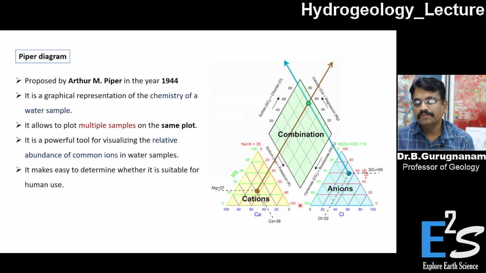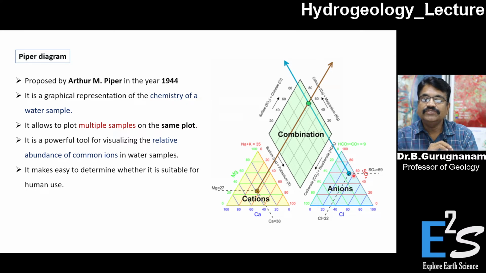Sulfate is taken on the right side of the diamond line, 0 at the bottom, slowly increasing to 100 over here. In every 20 units they have divided and made a small tick, so this helps you draw a line for taking your samples inside.